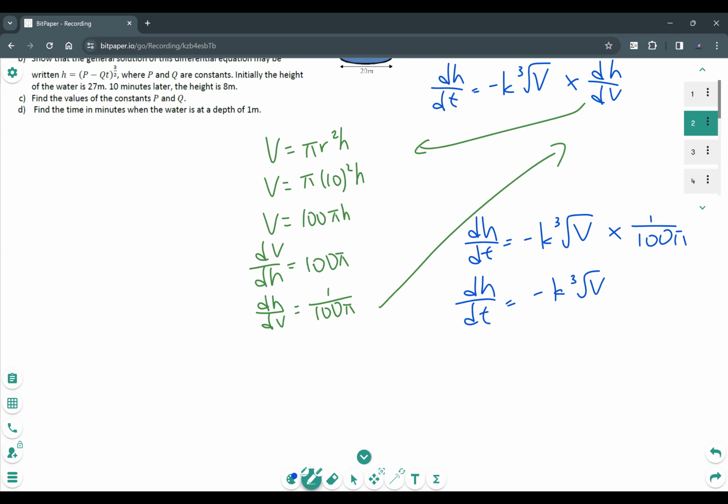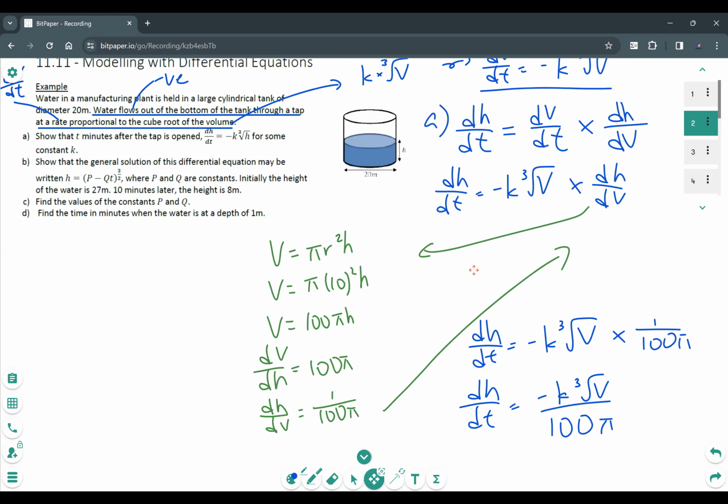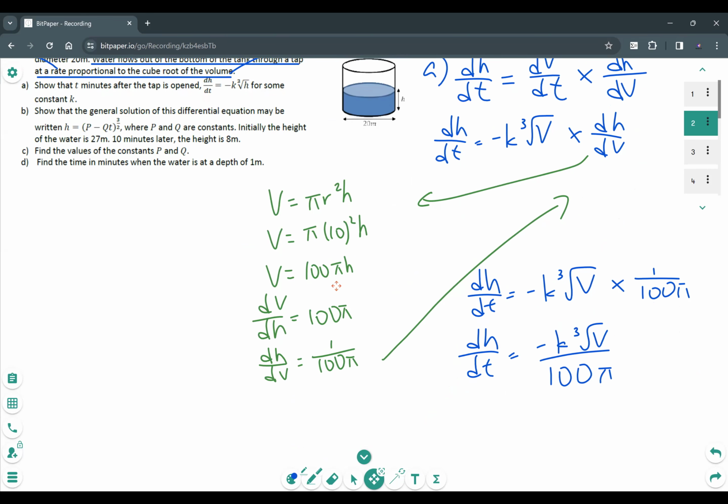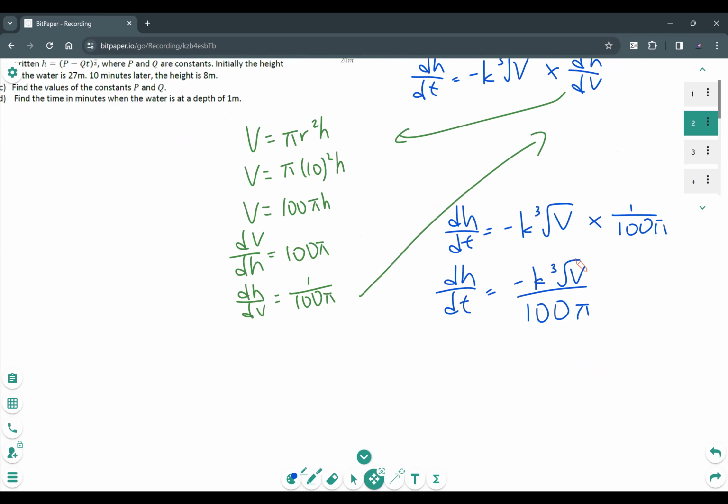This step looks unnecessary, but sometimes people just do things unnecessarily, and I'm one of them. Next, read the question and compare what's different. We've got minus k, that's good. But for the cube root, we've got V and they've got an h. That means we have to change this. We know V is 100 pi h, so we'll sub it in there.